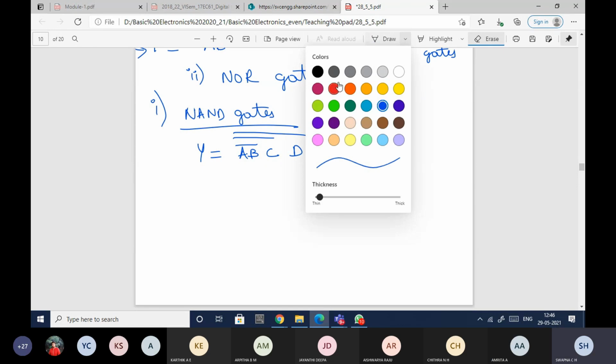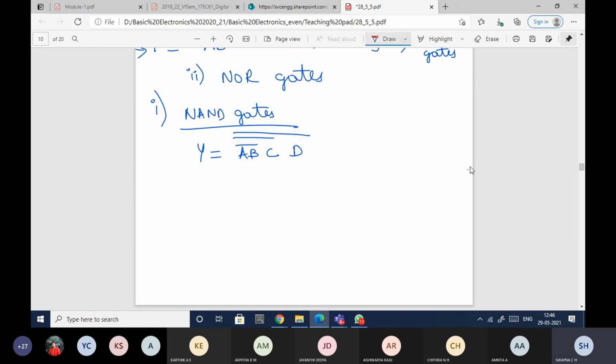Just check whether it is in the required form, or do I need to expand somewhere or do something? AB whole complement, this can be implemented. This into C whole complement, this can be implemented.